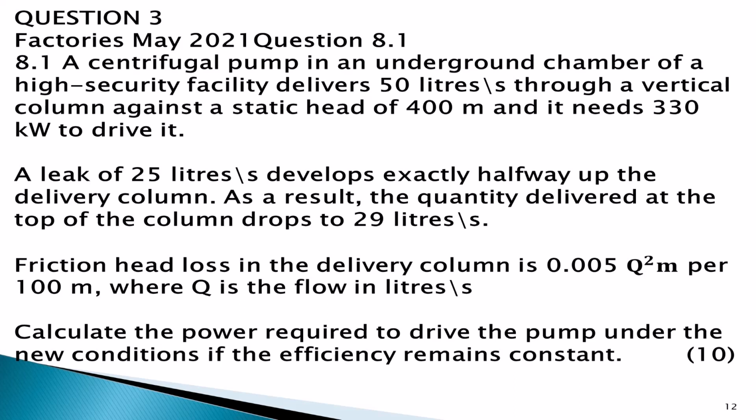A leak of 25 liters per second develops exactly halfway up the delivery column. As a result, the quantity delivered at the top of the column drops to 29 liters per second. Friction head loss in the delivery column is 0.005 Q squared meter per 100 meter, where Q is the flow in liters per second.